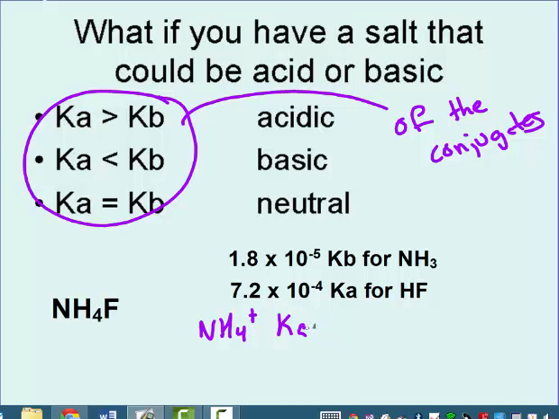How would we solve for its Ka? Kw over Kb. Yep. So solve for the Ka of NH4 plus. And I think actually we did that on the last problem. Was it 5.56 times 10 to the negative 10?